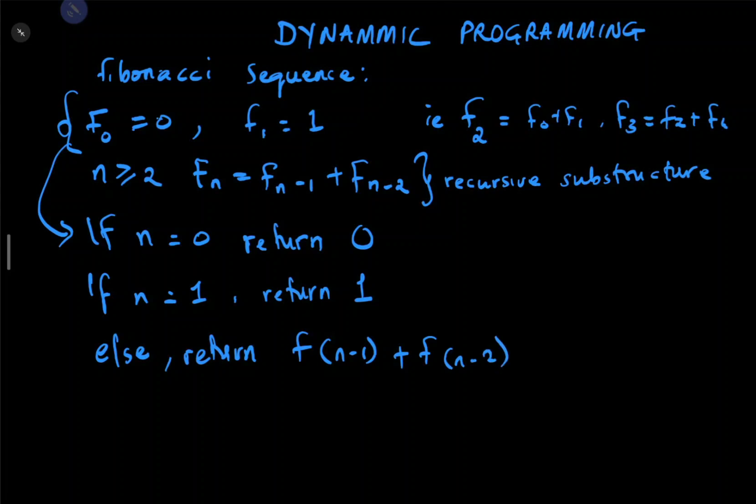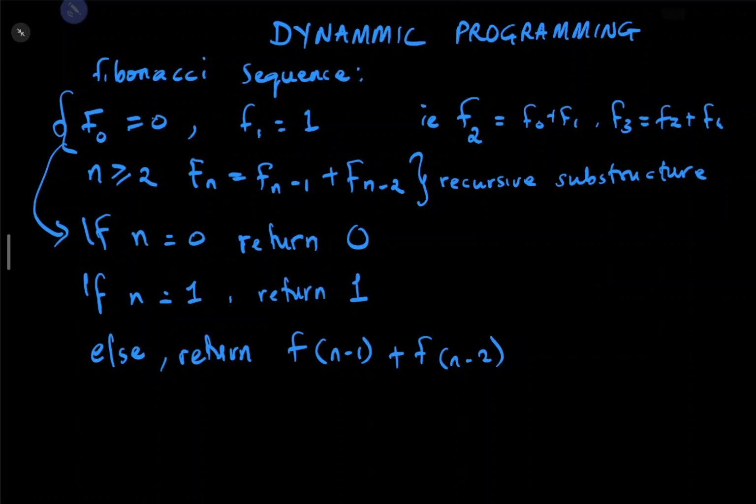So this is what it looks like. Let's take an example. Let's say we want to find Fibonacci 4. This would be Fibonacci 3 plus Fibonacci 2.